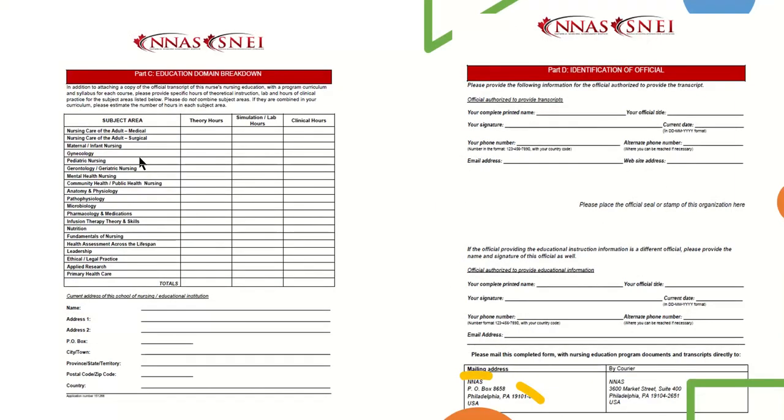And then this would be filled out by your colleges or university. So the D part would be their seal and the signature of their registrar, and at the bottom part, you can see the mailing address if you're going to mail it or send it by courier.